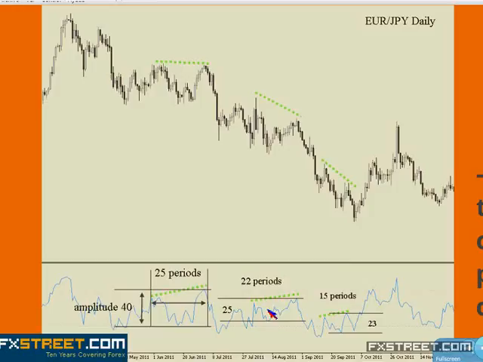If we have too large a duration of the setup, the force may diminish. We can probably understand this when we look at price action.